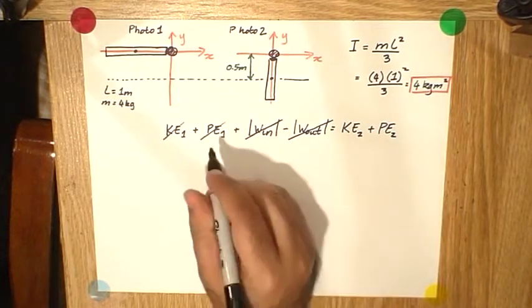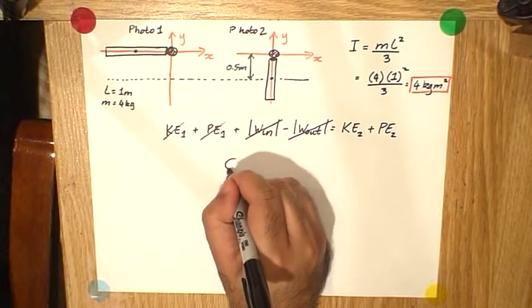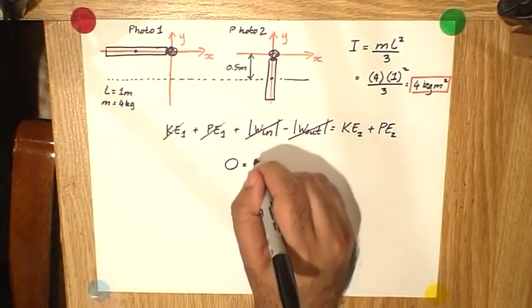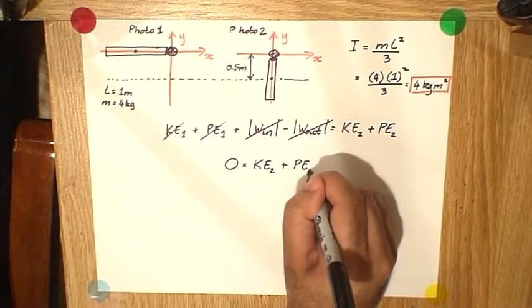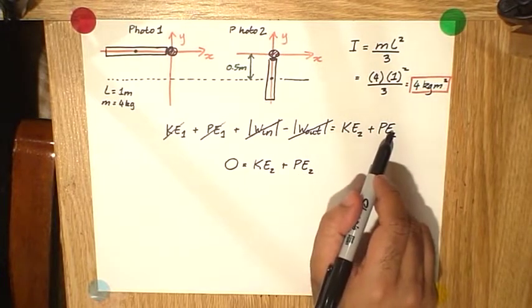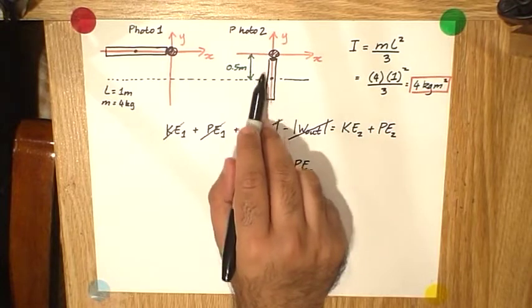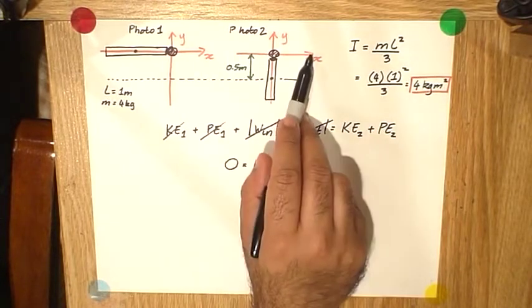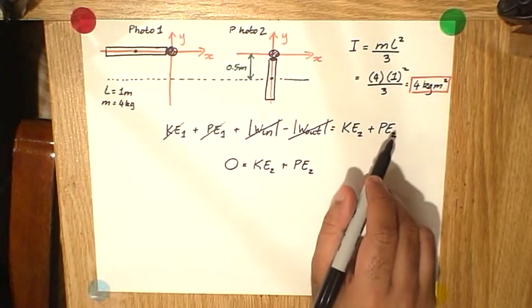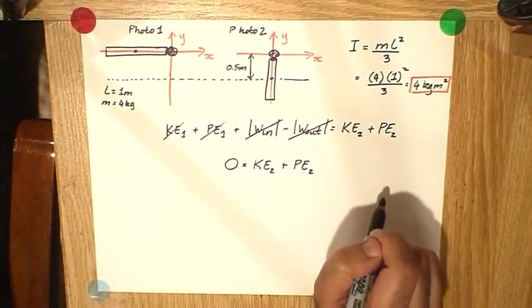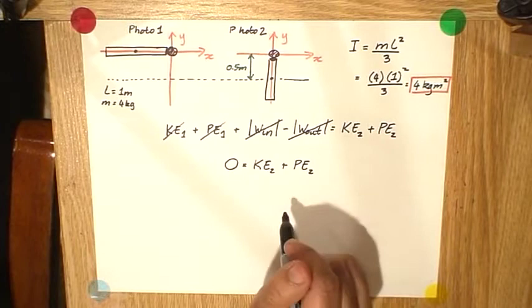So what does this all work out to? It means that 0 is equal to KE2 plus PE2. Again, on the understanding that potential energy is now negative because this object has descended below the x-axis. Remember, potential energy due to gravity can absolutely be negative. Kinetic energy can't be.